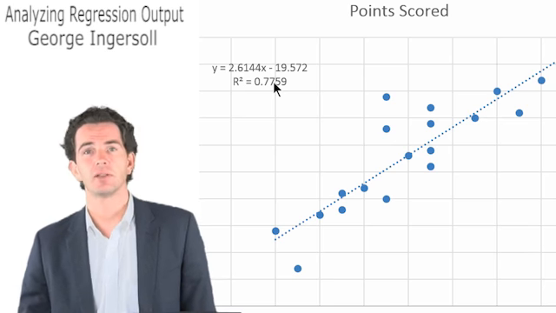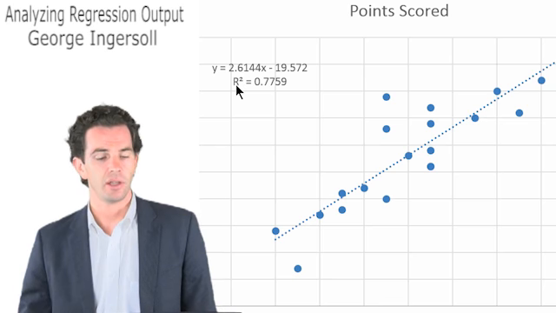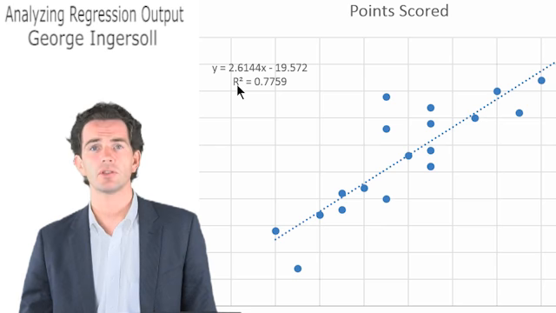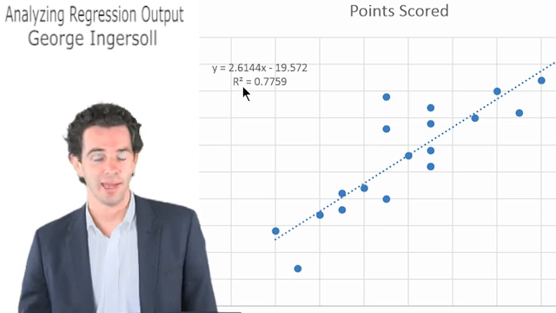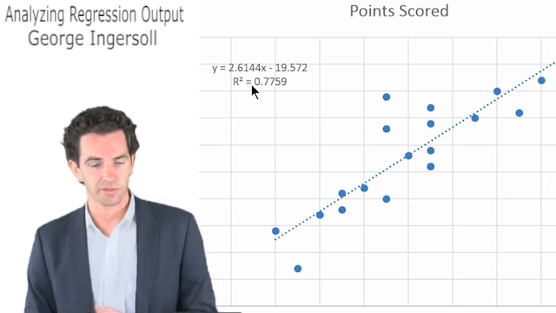More specifically, and to bring it back to terms you already know, in this case r is the correlation. So if you took the square root of r squared, you're going to get the correlation between these two variables. So it's all sort of interrelated.